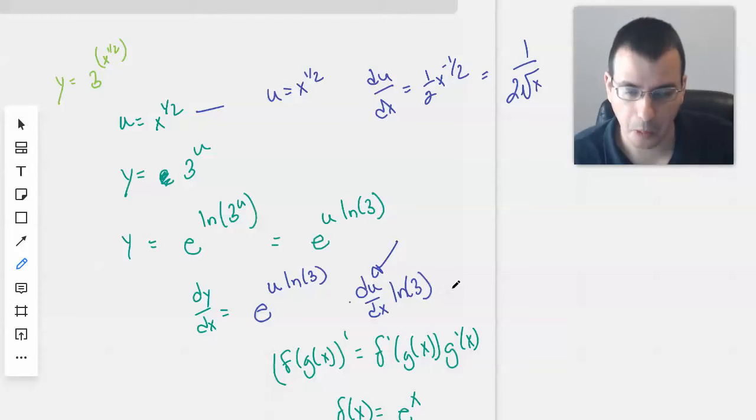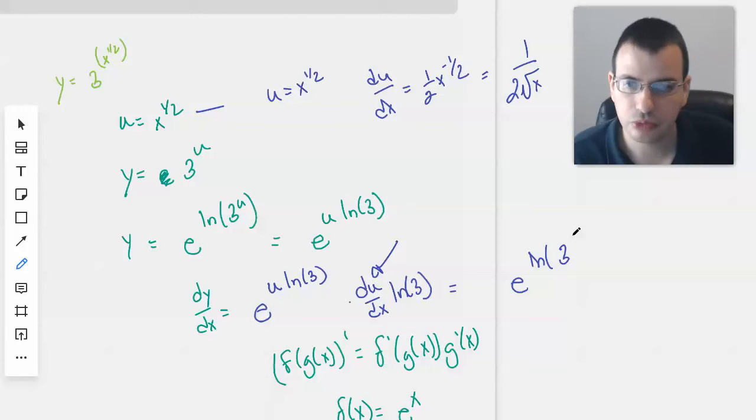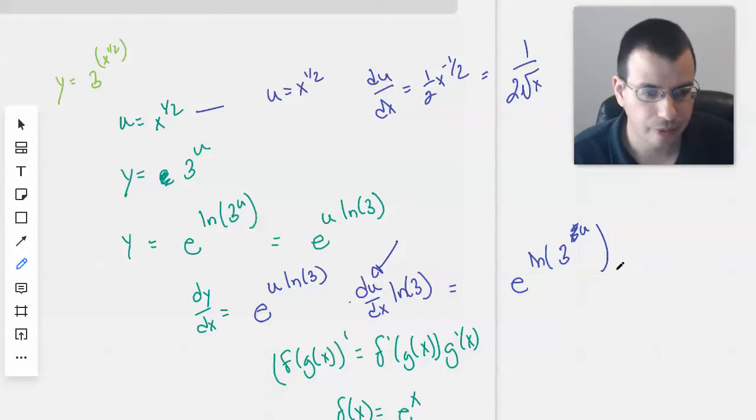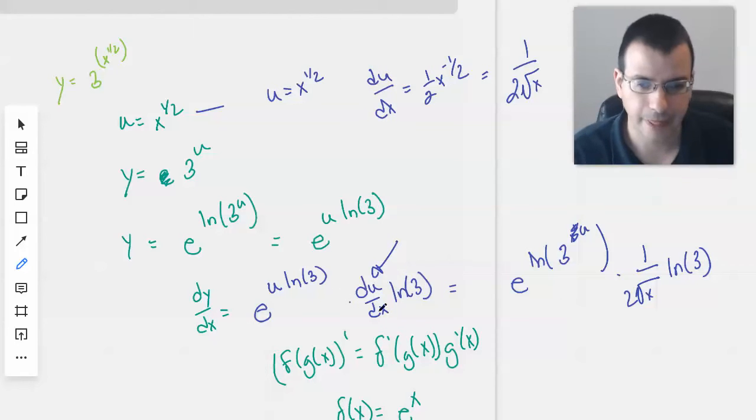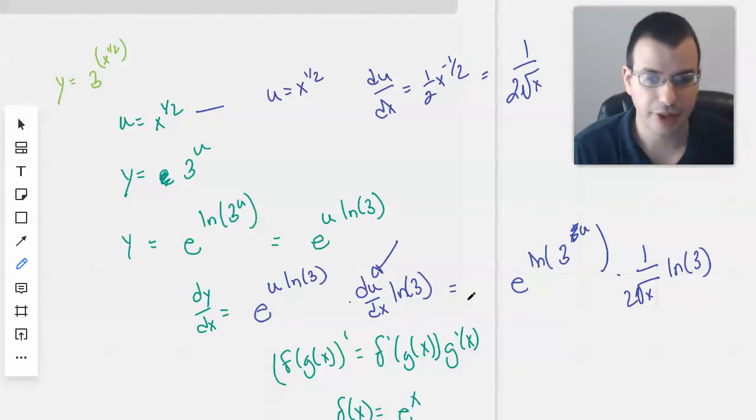Then, when we plug everything back in, we get e to the natural log of 3 to the x to the 1/2. I'll say 3 to the u for now, times 1 over 2 square root of x times natural log of 3. What I did here was move this u back up there and then plug in du dx.